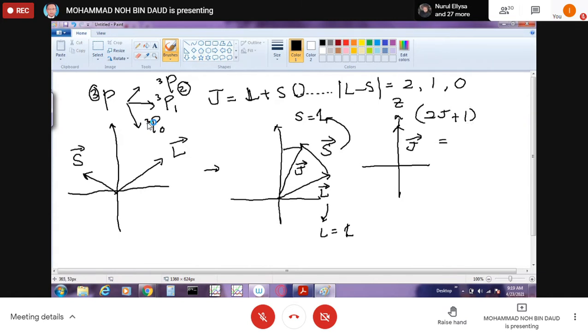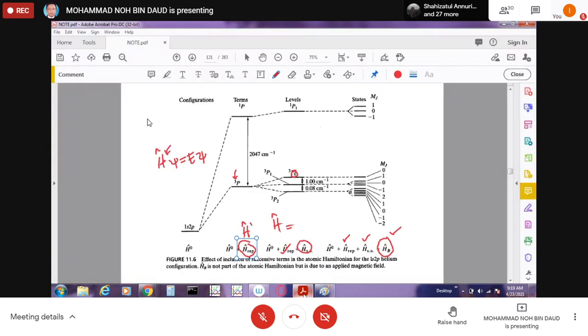So for J equals 2, we'll get 5-fold degenerate energy. Looking back at this diagram, we have 5 degenerate energy: 1, 2, 3, 4, 5.